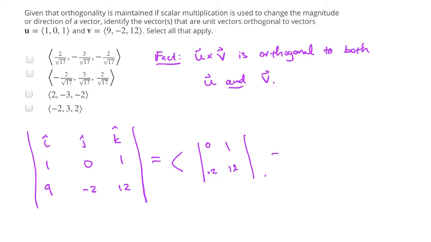For our second one, we change the sign, and we have the determinant 1, 1, 9, and 12, getting rid of the first row and second column. For the third one, get rid of the first row and third column, which gives us 1, 0, 9, and negative 2.